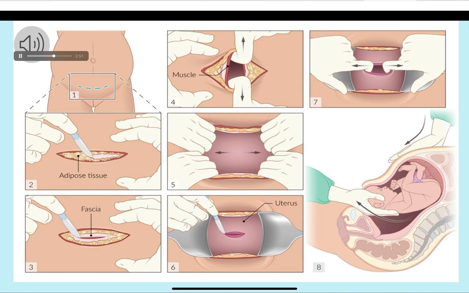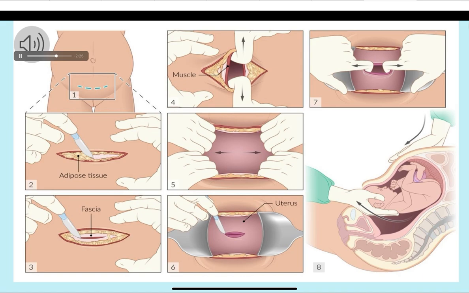You see they're separating the abdominal and rectus muscles, the rectus muscles of the abdomen, and they are using what you call blunt finger traction. Okay. So then we will go down to number 5. Number 5, you see there are more than one set of hands on mom's stomach in this photo.